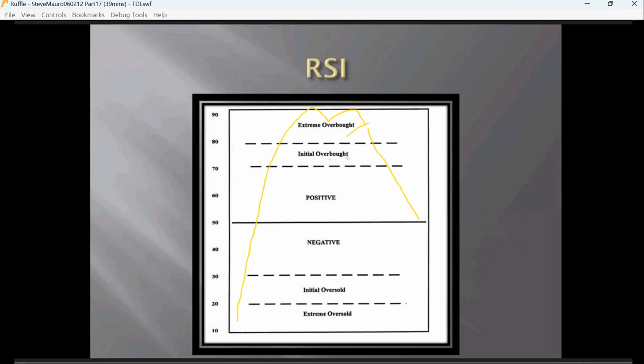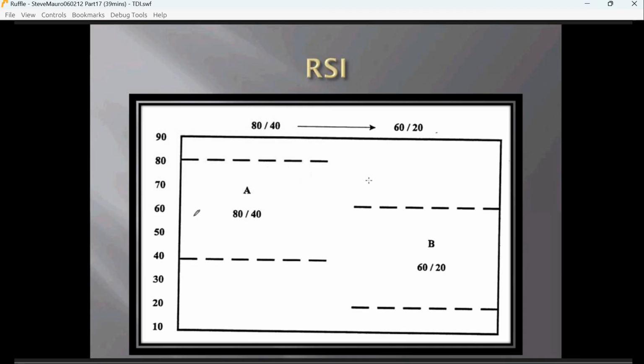So if we're talking about trend changes or shifts in momentum, where price is oscillating between 80 and 40, finding support slightly above the midline, and then all of a sudden you get the indication and then the shift, and it starts oscillating like this, you are in a reversal or a trend change or a new direction.